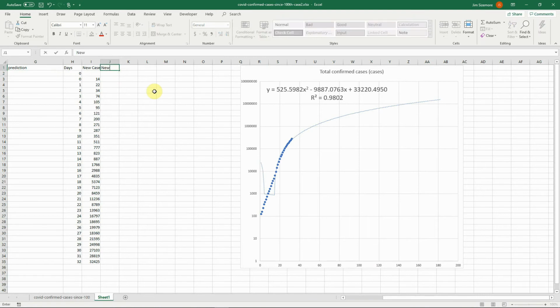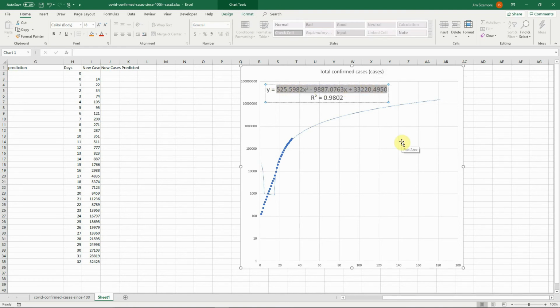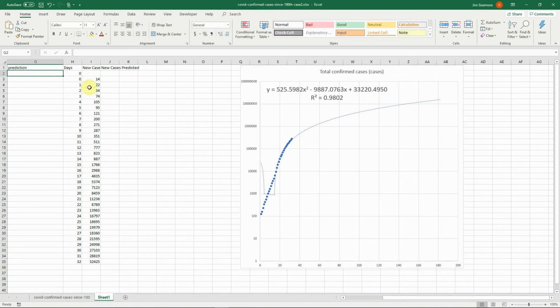We're going to need the cumulative cases. Prediction. The prediction is going to be this. Right there. And there we go. Set it at that line equals paste.